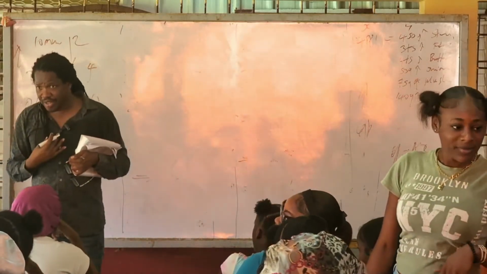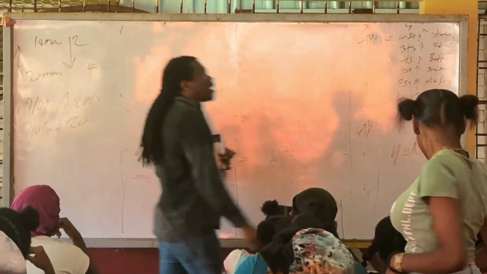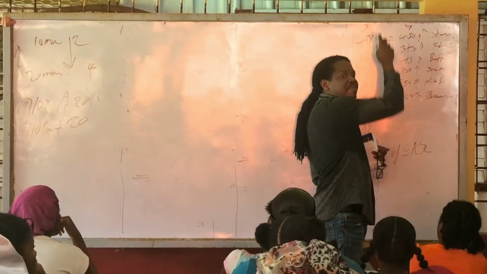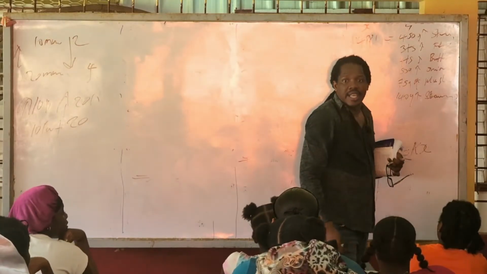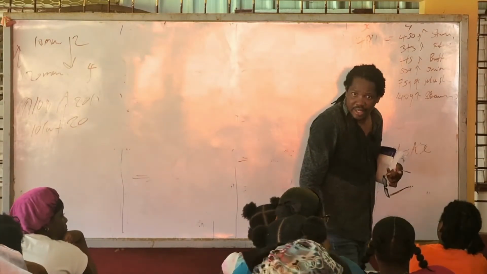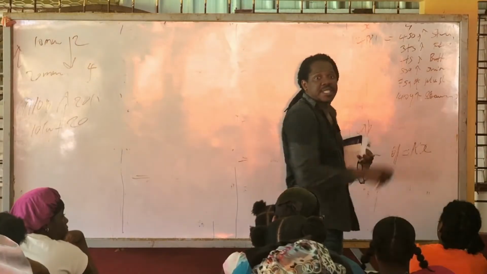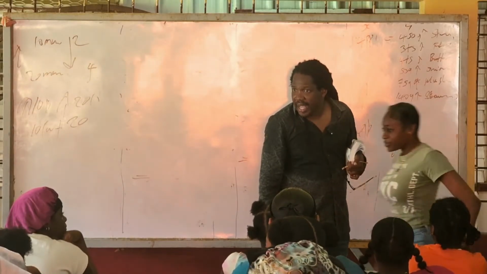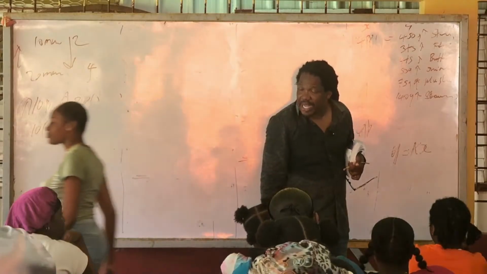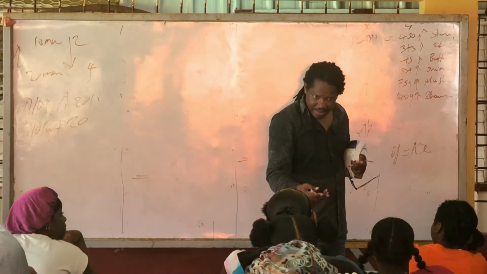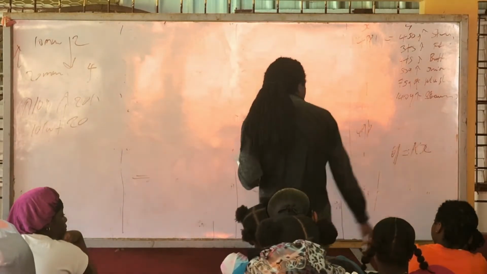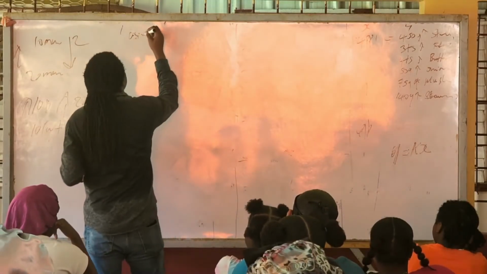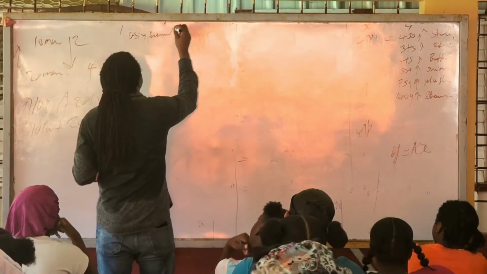Which one depends on which one? Steak depends on people. So steak is the Y, because Y is the dependent. And if you know Y, you know X, because X is the other one. It's simple. So what is my formula? Y equals kx.